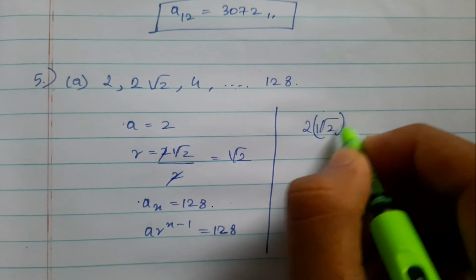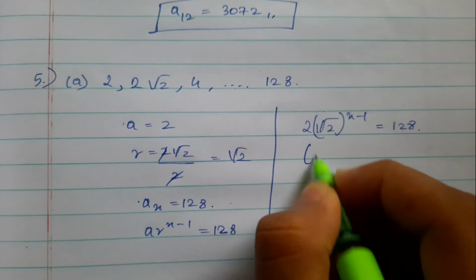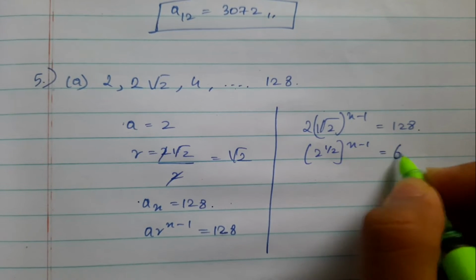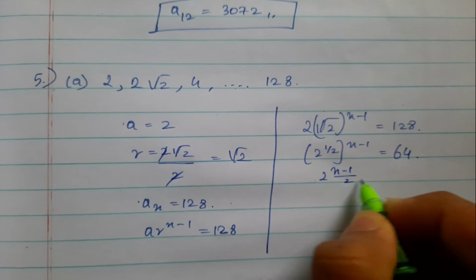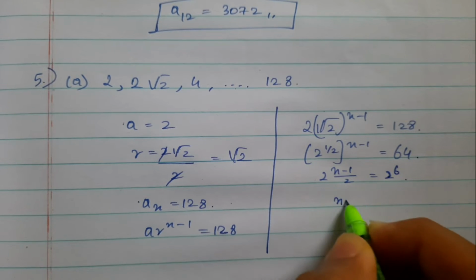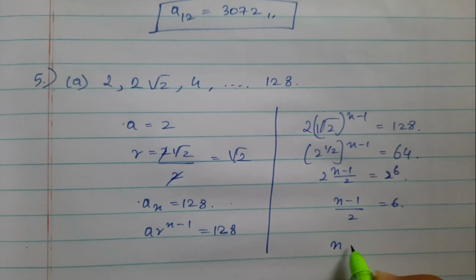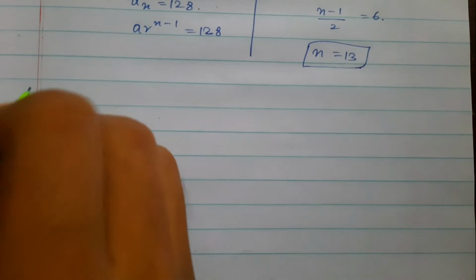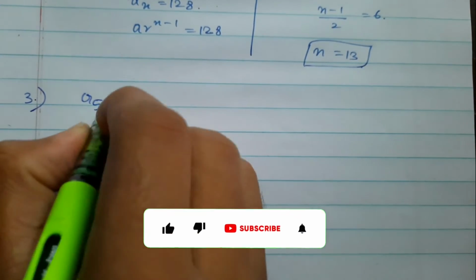Therefore 2 into root 2 power n minus 1 equal to 128. Root 2 power n minus 1 equal to 64. Simplification: 2 power (n minus 1) by 2 equal to 2 power 6. Therefore (n minus 1) by 2 equal to 6. N equal to, cross multiplication, 12 plus 1, 13. N equal to 13.